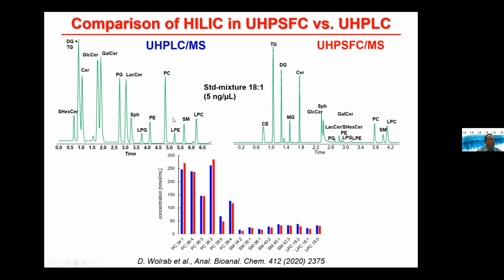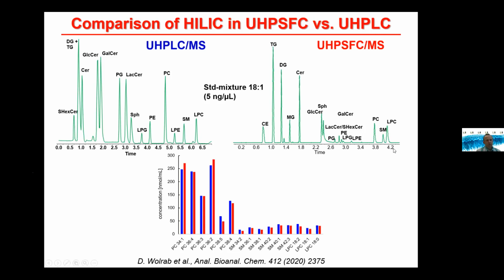Now I would like to present the comparison of results obtained by UHPLC-MS with UHPSFC-MS. The major difference is that in LC, we are not able to resolve nonpolar lipid classes, which are well separated here, and SFC is also a little bit faster.